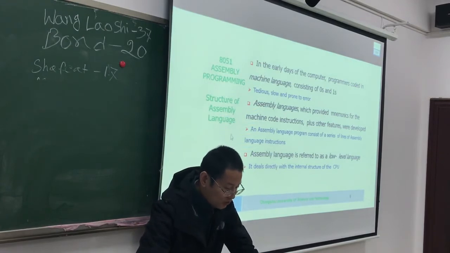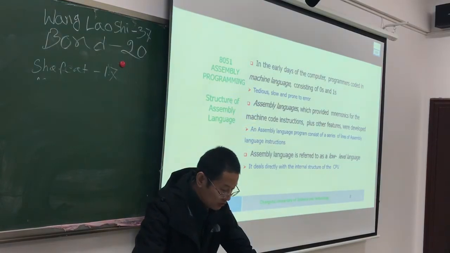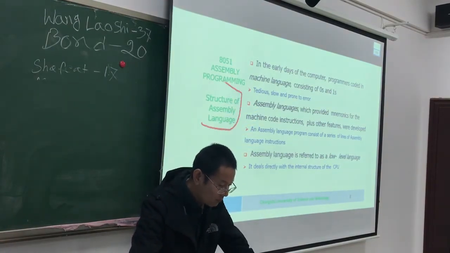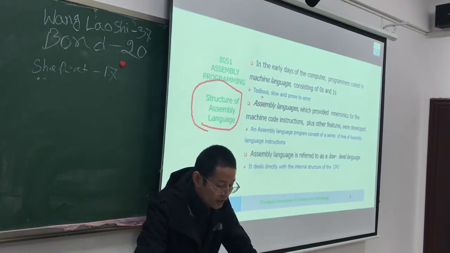Next, I introduce the structure of assembly language. In the earlier days of the computer, programmers coded in machine language, which consists of zeros and ones.